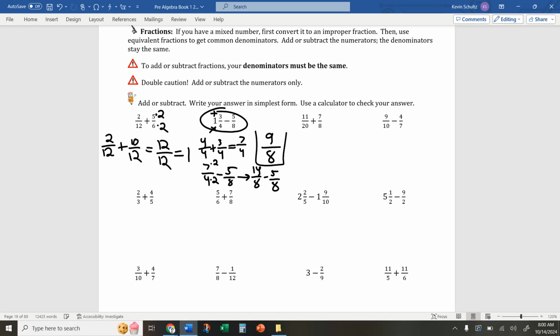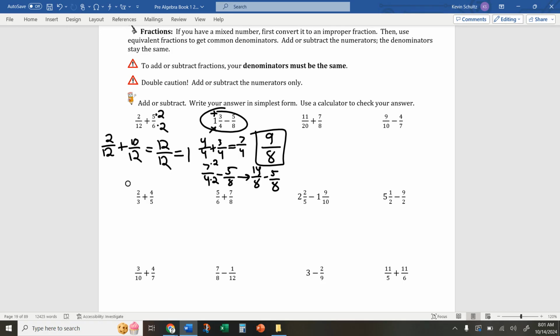Our denominator doesn't change. It's not going to be 0. Otherwise, every single fraction expression that you subtract would always have a 0 in the denominator. Doesn't make any sense. Okay, we have 14 M&Ms. We eat 5 M&Ms. We have 9 M&Ms left. Right? Or in this case, 8s.